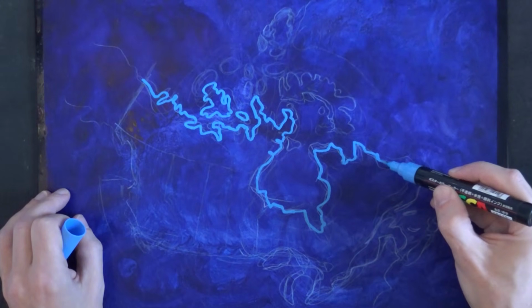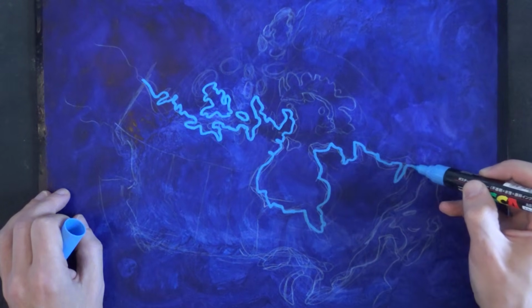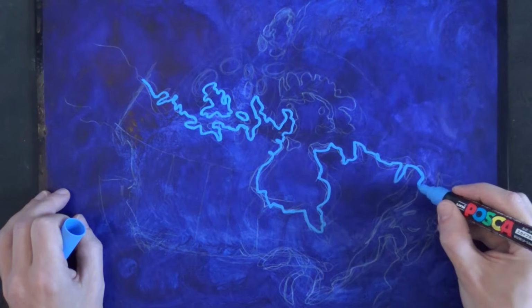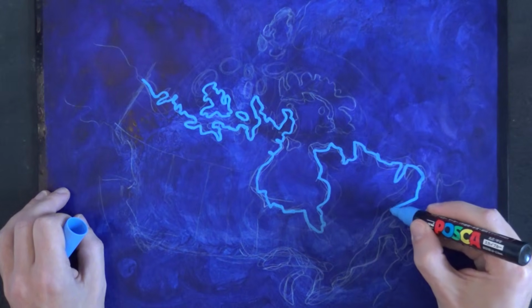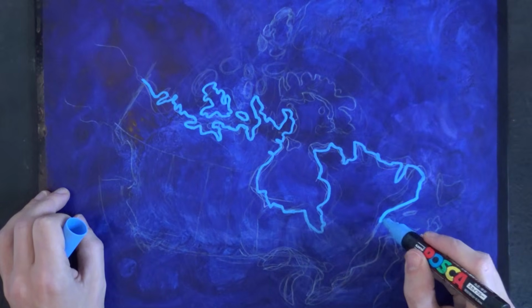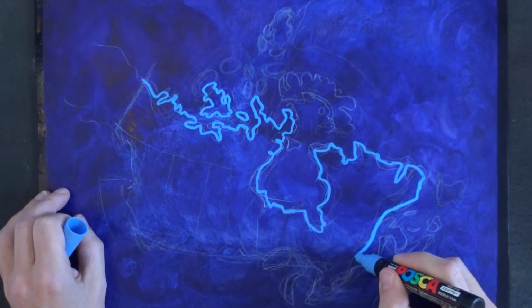Here we have Labrador. Gulf of St. Lawrence and St. Lawrence River.